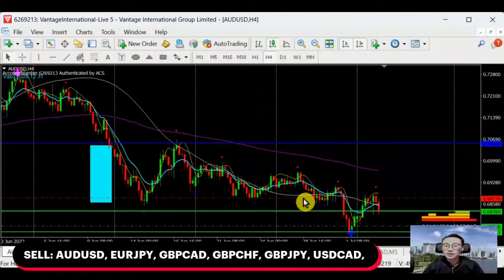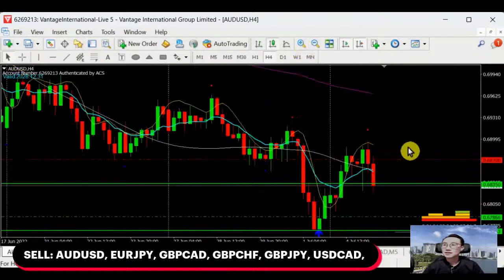At this point, this is the resistance. As we can see, it has been tested once, tested twice, and come back once again. We are looking out for this particular candle, which is very important at the resistance area.